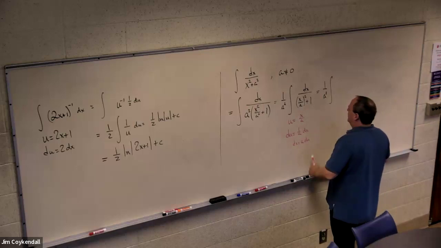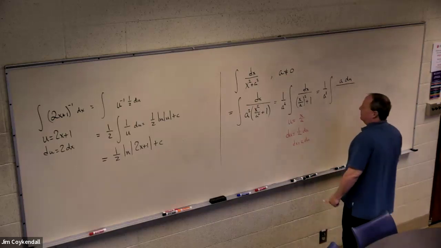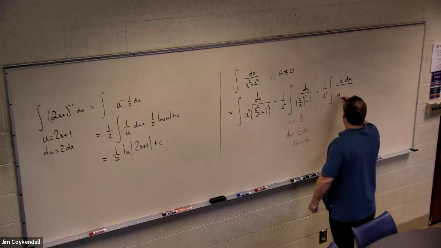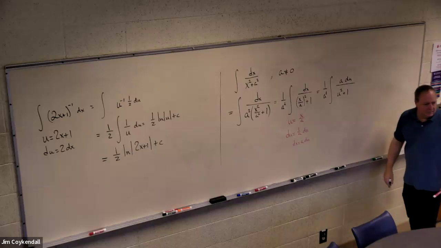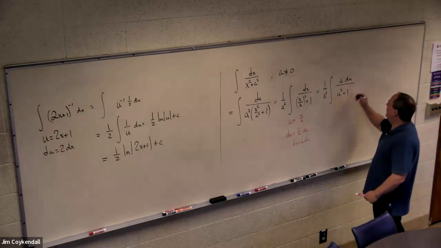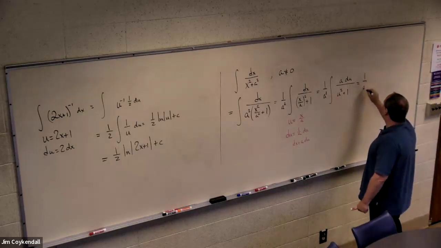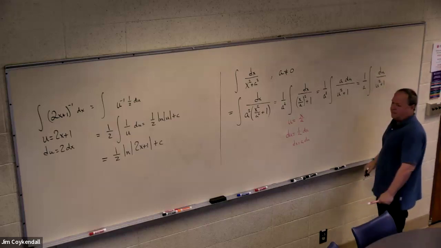Let's see, the x over a is u. That's going to be u squared. Right, okay. Now notice this a will cancel one factor of this, and it's 1 over a du over u squared plus 1.